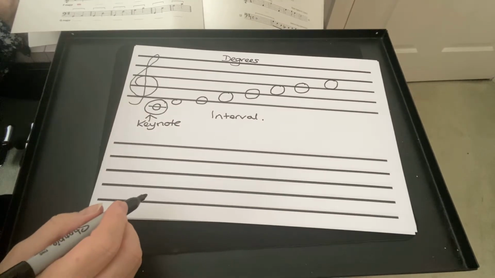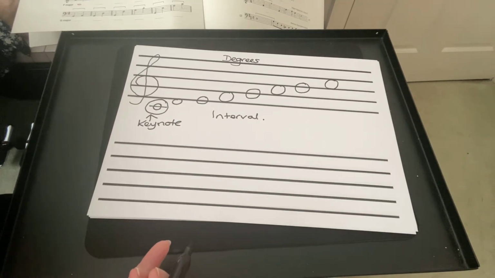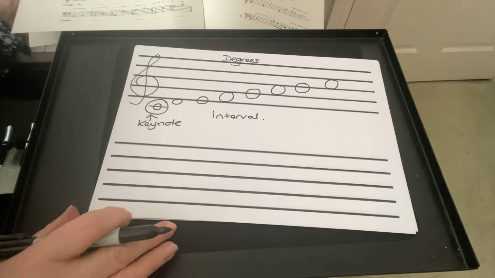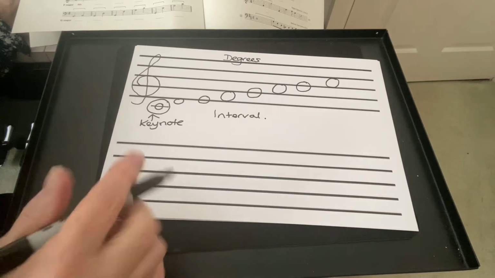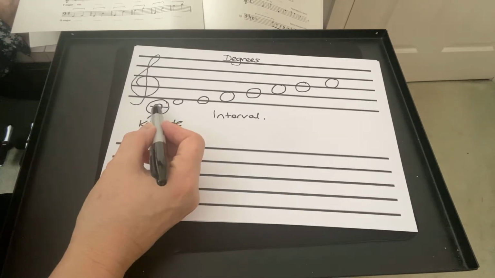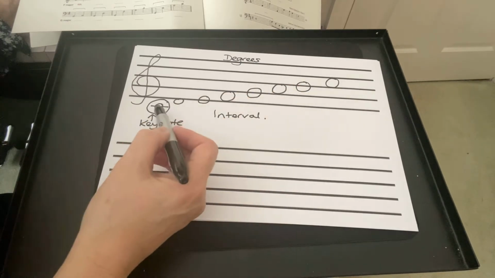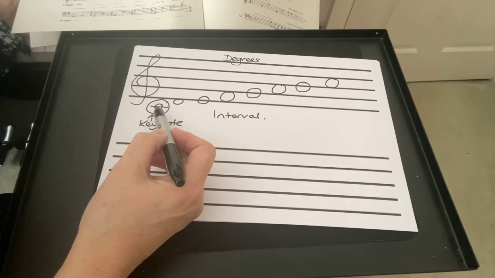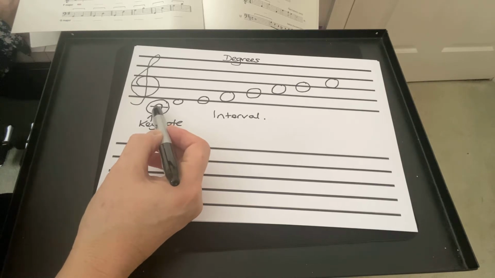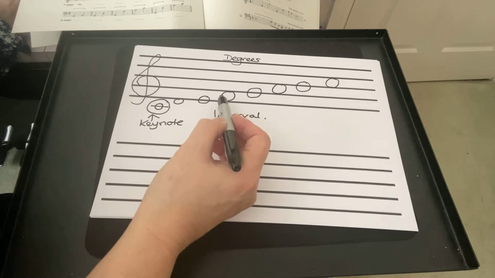So C is the keynote for C major, G is the keynote for G major, and so on. Usually it will be the distance between that note C and any other note of those 8 notes.